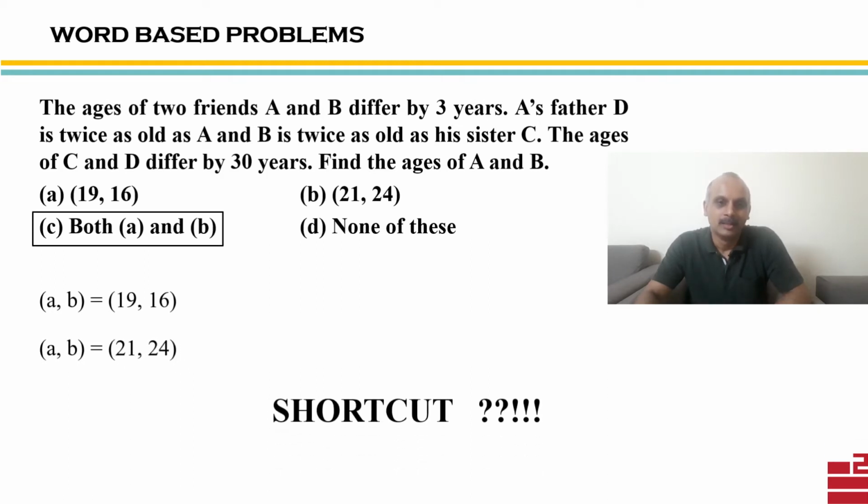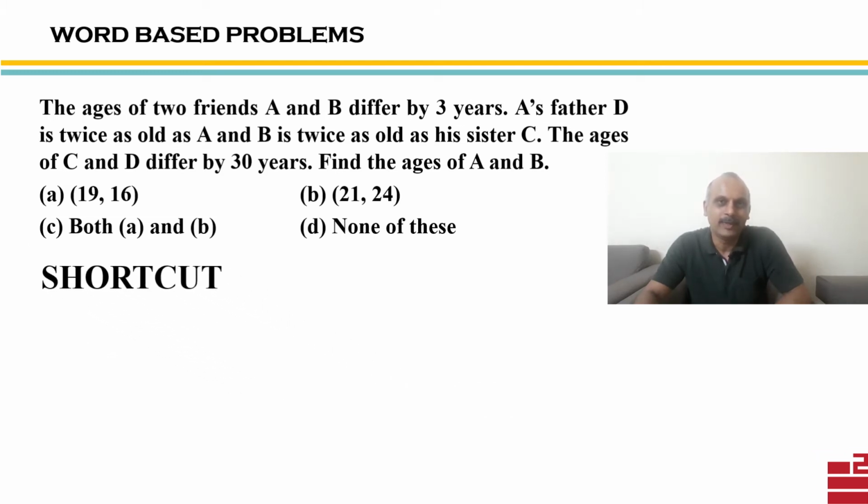Alright, do we have a shortcut for this? Of course. So if I see a shortcut, what will that be? Obviously the best is to use options. If I look at the first option, where A is 19 years of age and B is 16 years of age, the difference we see is 3. The same is also true in the case of B option, the difference of the ages is 3.